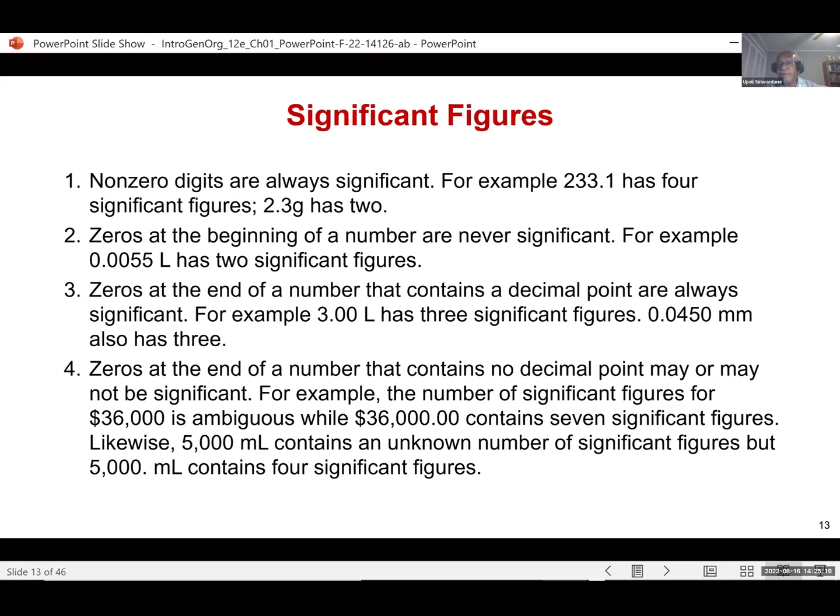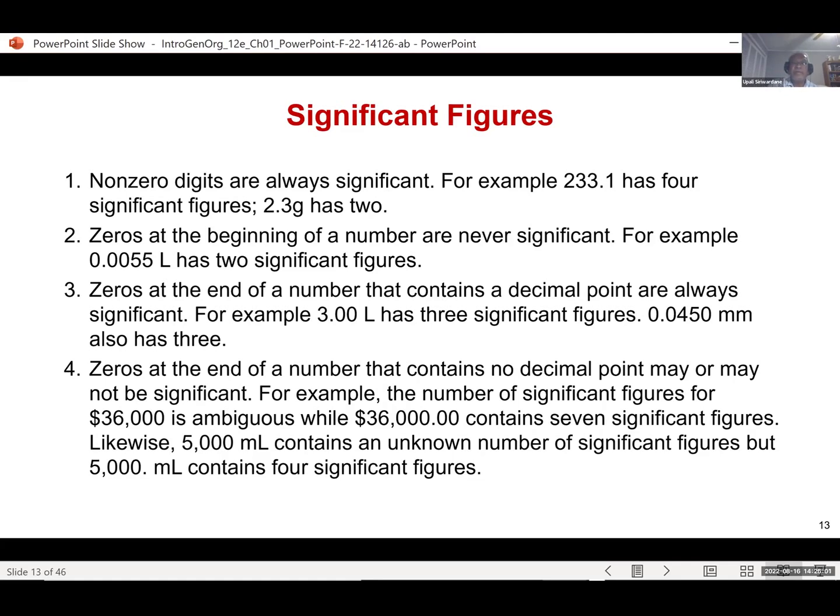The last digit to the right, that's 1, is called the uncertain digit. You start counting from the uncertain digit: 1, 2, 3, 4. Therefore, significant figures is 4. For example, 2.3 has 2 significant digits. Do you see now how you determine significant figures in the number part of the measurement?